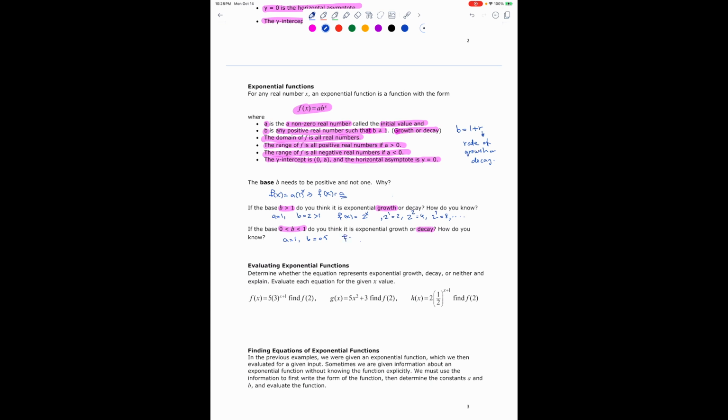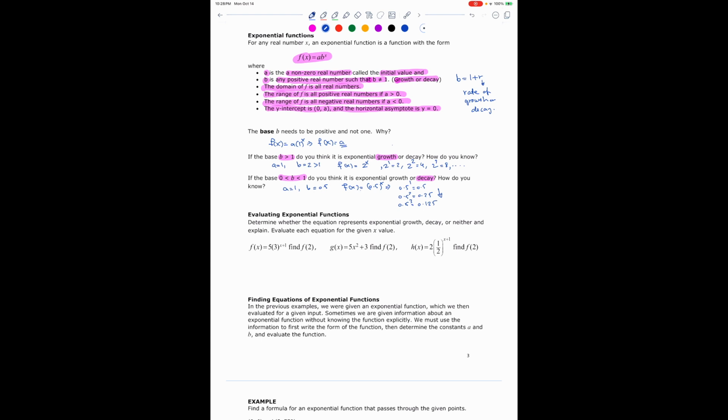That will lead to the function f of x equals 0.5 to the x power, or 1/2 raised to the x power, which will lead to, when x is equal to 1, 0.5. When x is equal to 2, 0.25. When x is equal to 3, 0.125. As you can see, the number is decreasing as we increase the value of x, which means in this case we have a decay. That's why we know it's a decay function.